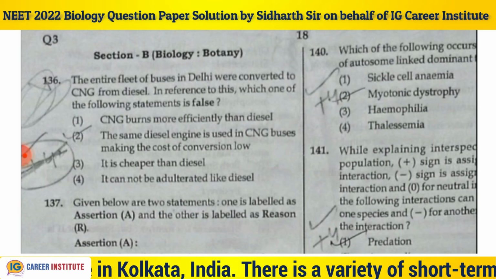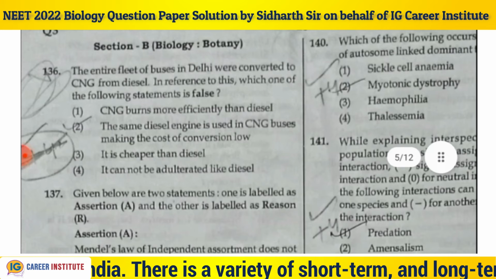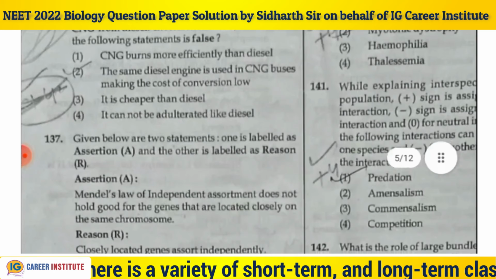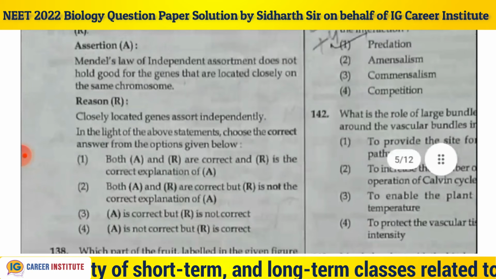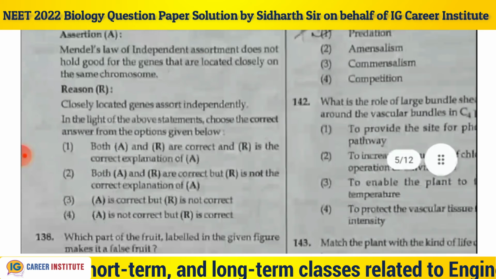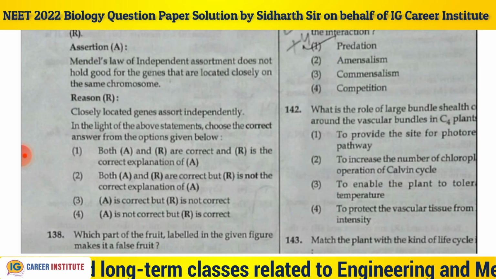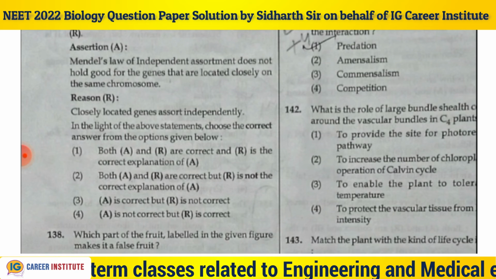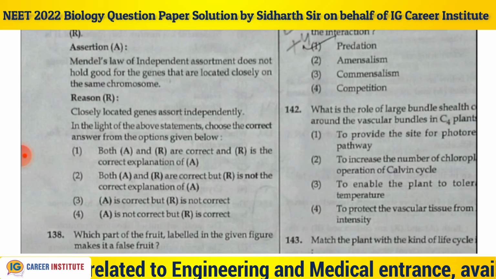Question 137. Given below are two statements, one labeled assertion A and the other reason R. Let's see whether the assertion and reason match. Mendel's law of independent assortment does not hold good for genes that are located closely on the same chromosome.